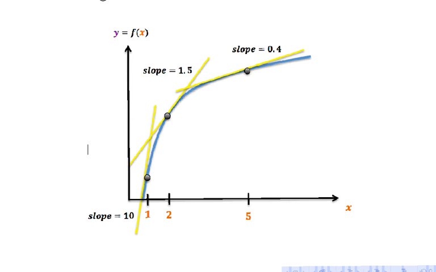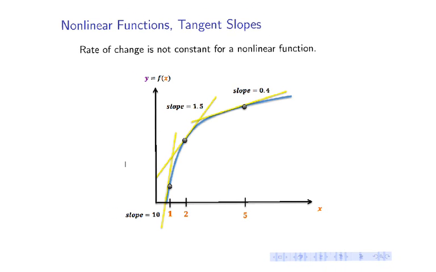Well, one way for us to think about derivatives for such a function is to consider a tangent slope. A tangent slope corresponds to two points. Let's say that this point right here is something like 1.00001, something like that.